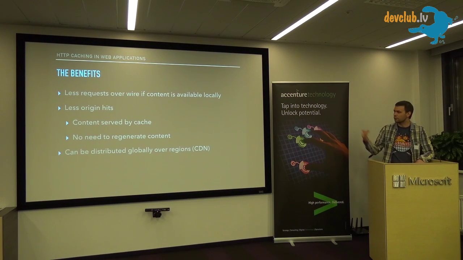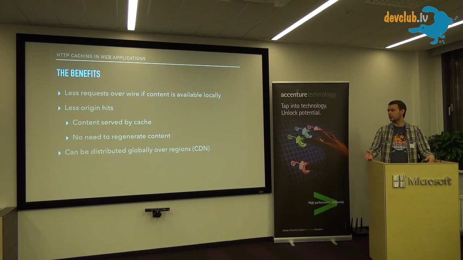So here's a short recap of all the good things that we already noticed in these schemes. Fewer requests over the wire: if content is available locally, it speeds things up. The first time you load the page, it maybe takes a second or two. Next time you refresh it, it's already there. It basically loads instantly.